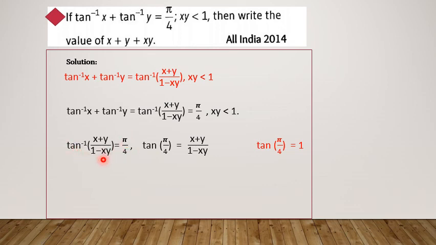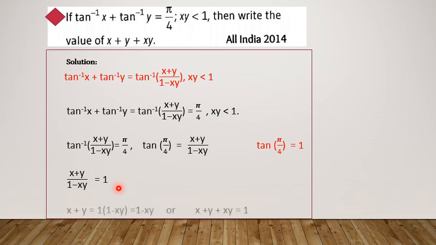So what is tan pi by 4? Just moving this to RHS we get x plus y by 1 minus xy. But we know that the value of tan pi by 4 is 1. So just substituting 1 instead of tan pi by 4, x plus y by 1 minus xy is 1.